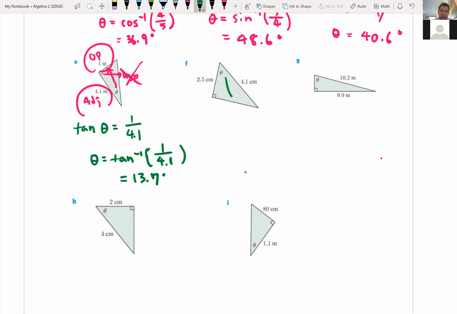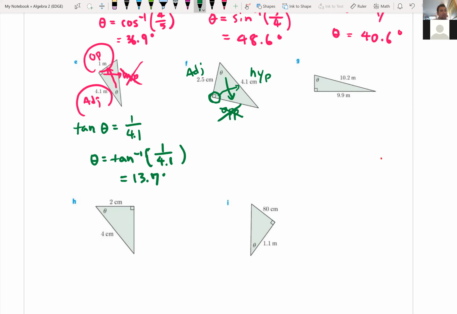Some of you can go through this very quickly. Again, opposite is the side across from the 90 degree angle. This little hook is a 90 degree symbol. The side opposite that is always the hypotenuse. And the adjacent is 2.5. There is nothing on the opposite, so we're talking about an adjacent hypotenuse combination.